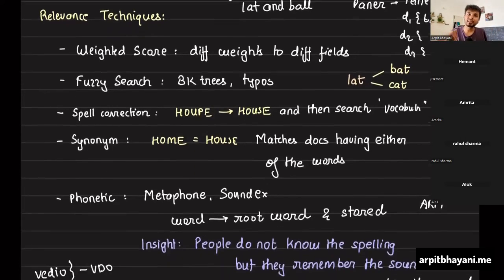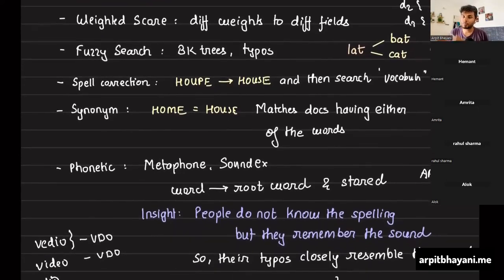The next one is synonymic expansion. Let's say you have the word house; I'll give an example. Harry Potter has 4 houses: Gryffindor, Ravenclaw, Slytherin, Hufflepuff. So now let's say someone searches for Gryffindor home.